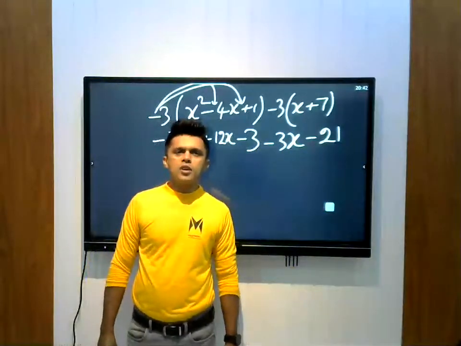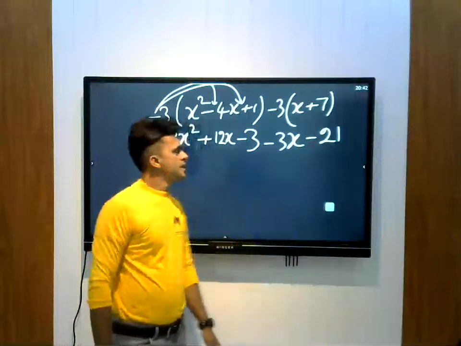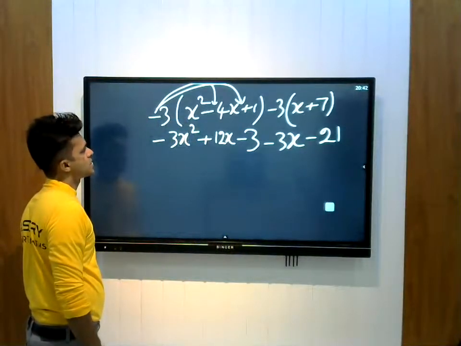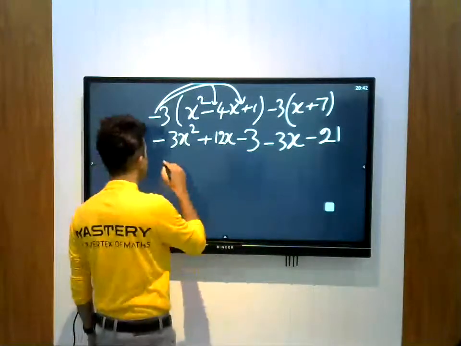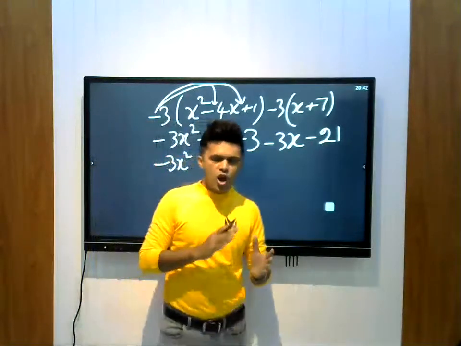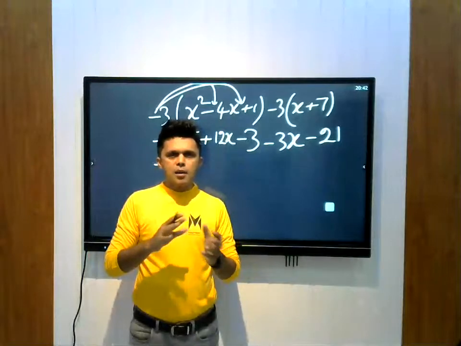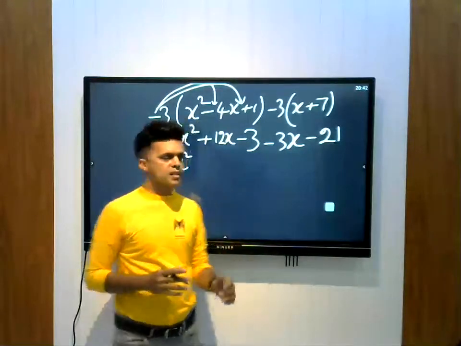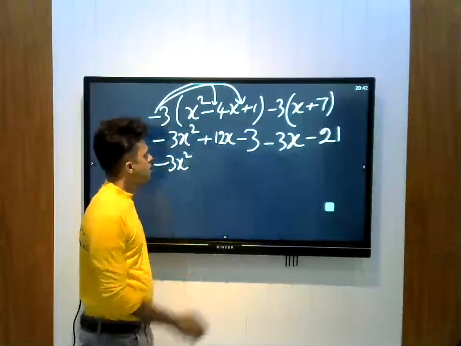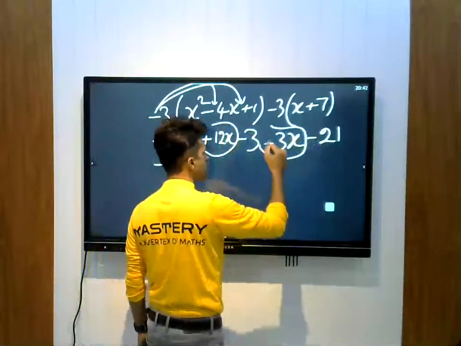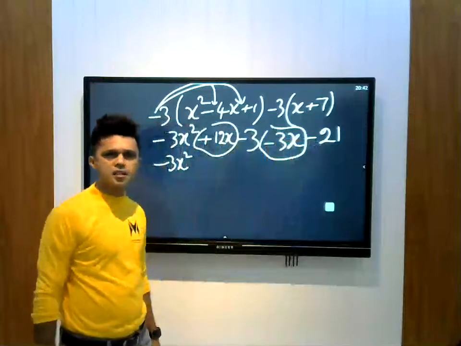Now how can you simplify these sums? You can't see any other x squared terms here, but you could see plus 12x and minus 3x. These are like terms.